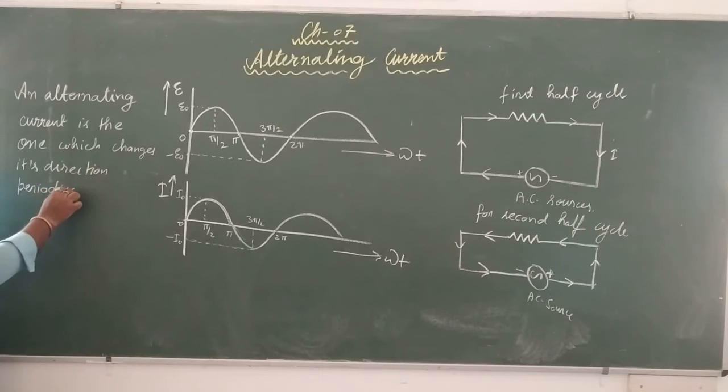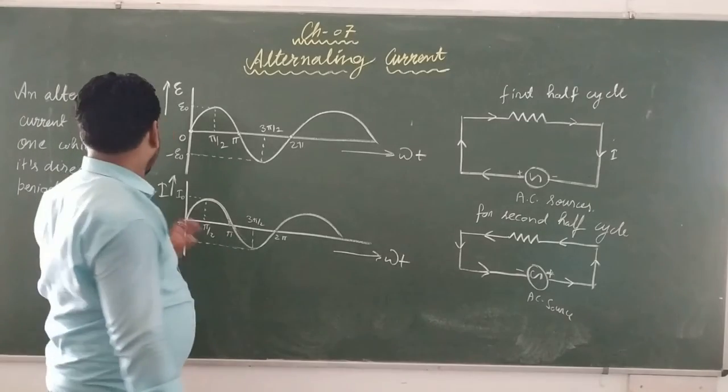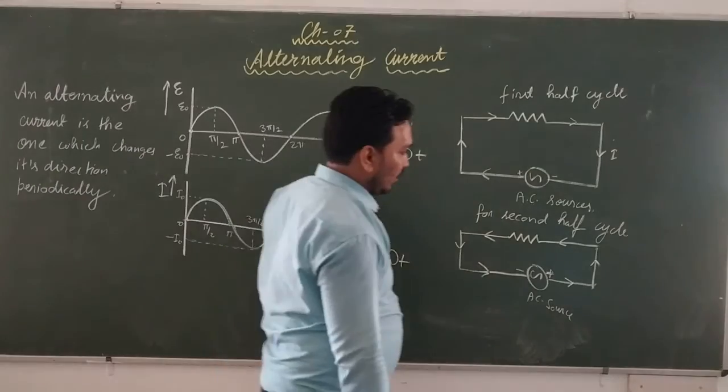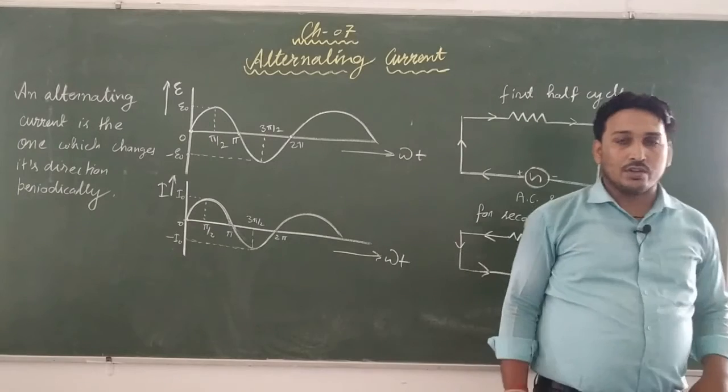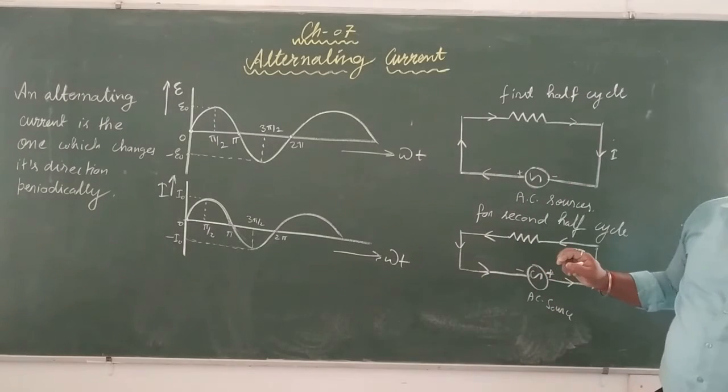Okay. So this is how we define alternating current, right? So this is the definition, this is the graphical representation, and this is how the circuit works in alternating current.